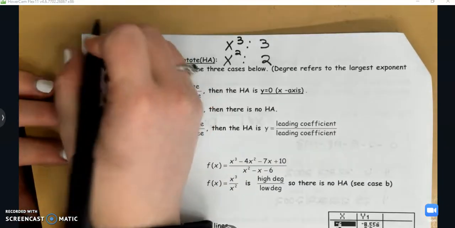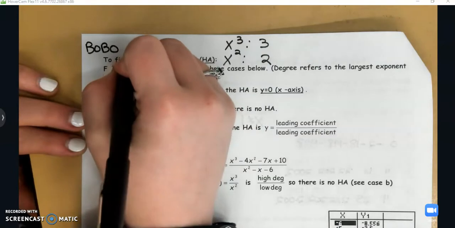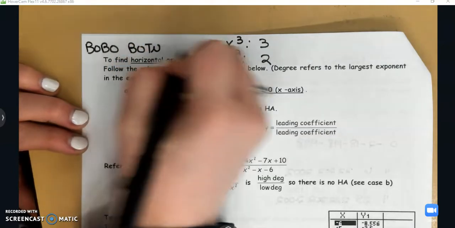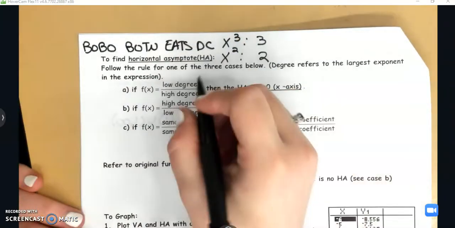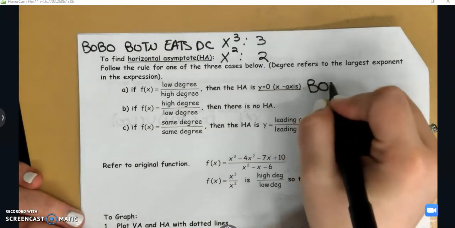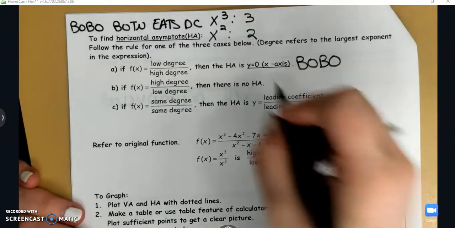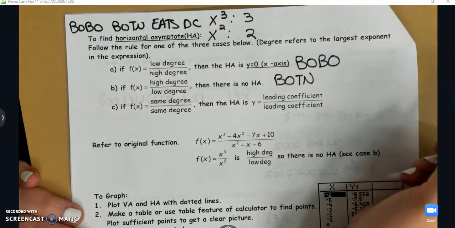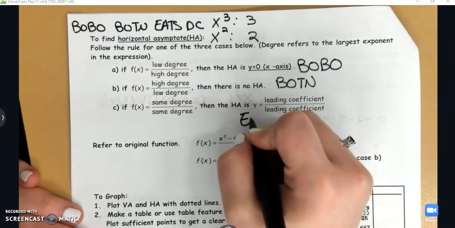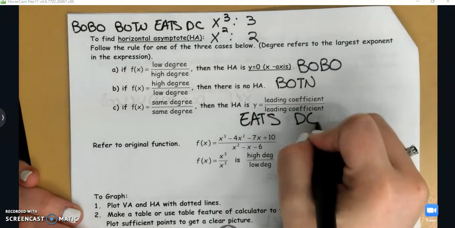And the little mnemonic device that we use to remind ourselves of these is Bobo Botten eats DC. So bigger on bottom, your horizontal asymptote is 0. Bigger on top, you have no horizontal asymptote. If the exponents are the same, then you divide the coefficients.